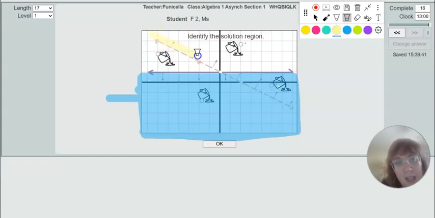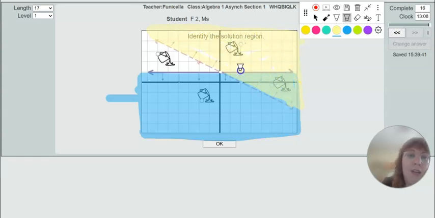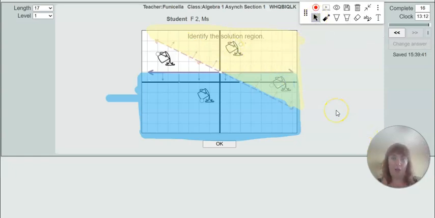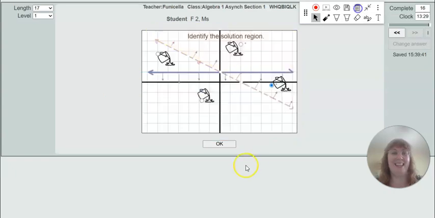And then this line, it is greater, so we're shading above that line. And we're looking for the area where the two shaded regions overlap. This beautifully makes a lovely green color there, and that is where our two inequalities are overlapping. Go ahead and click that paint can, and then hit OK.